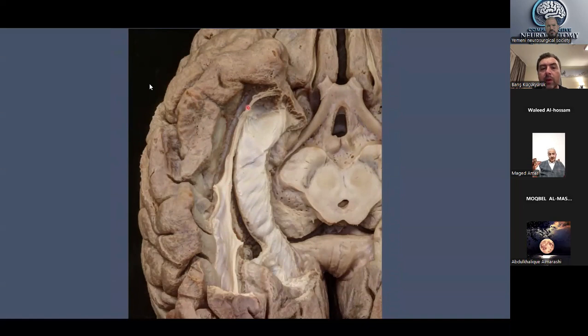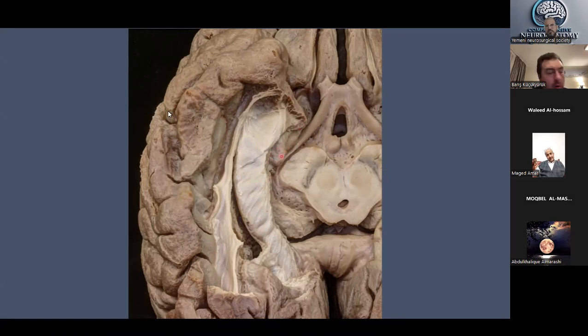Deep to the fusiform gyrus, we have the inferior longitudinal fascicle. And you see these very thin fibers which connect the parahippocampal gyrus with the hippocampus. As you see, this is the anterior segment, this is the posterior segment.